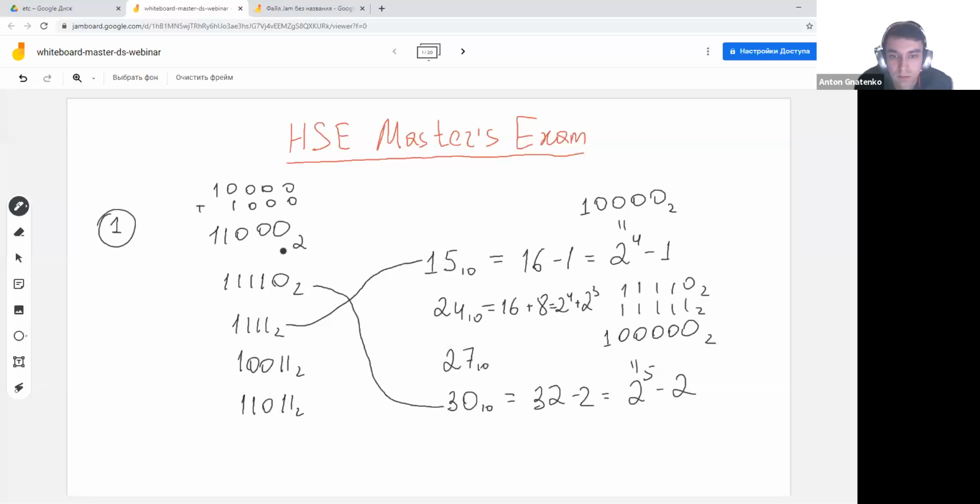So this is exactly 24. And I obtain 27 when I add 3 to 24. 24 was, as we have just found out, this, and 3 in binary was 1, 1. When I add it, I obtain this binary.